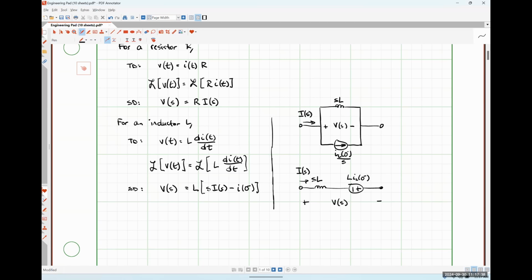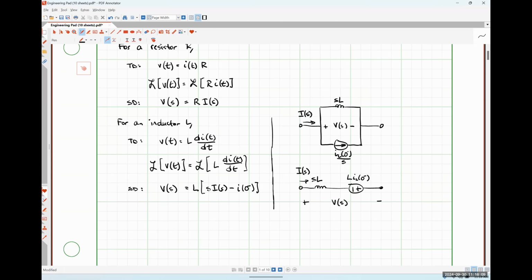It should be fairly obvious, but a better way to put this is, if our inductor doesn't have any stored energy at t equal to 0 minus, then IL at 0 minus would be 0, which means this thing right here would look like a short circuit, meaning we would only have an impedance SL like we're used to.